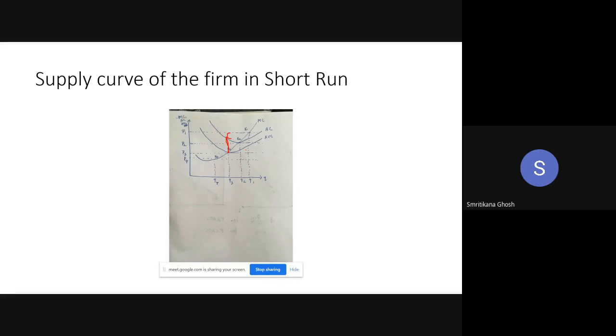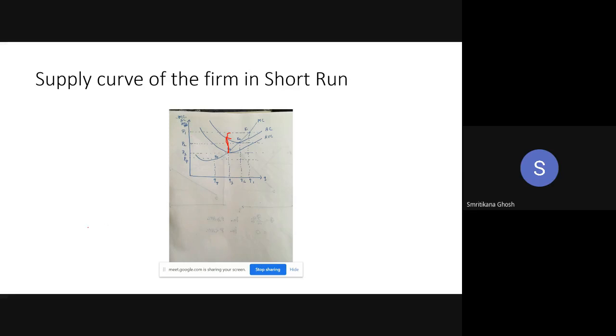But what about your fixed cost? You have to bear your fixed cost now, because it is independent of your production level. What is the fixed cost? CE3, right? This is the fixed cost for Q3. And if you make a triangle, it will be a rectangle sort of thing. Then that is the total fixed cost.